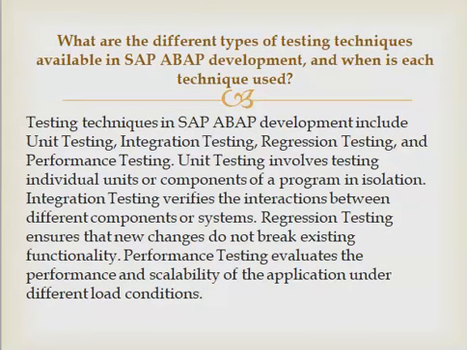Unit testing involves testing individual units or components of a program in isolation. Integration testing verifies the interactions between different components or systems. Regression testing ensures that new changes do not break existing functionality. Performance testing evaluates the performance and scalability of the application under different load conditions.